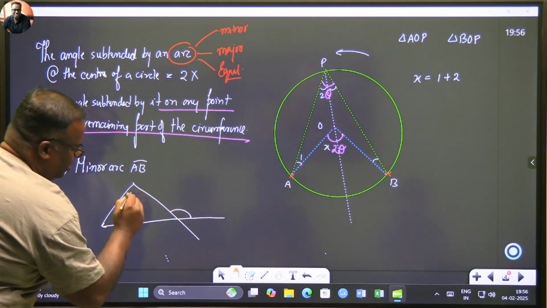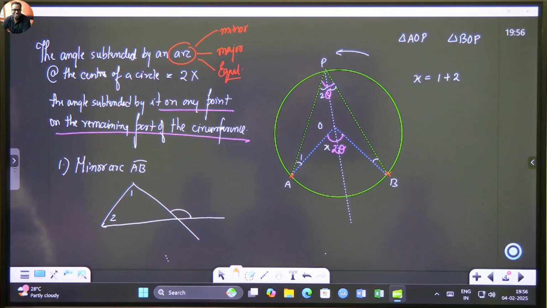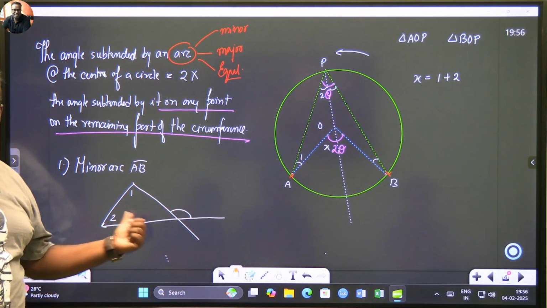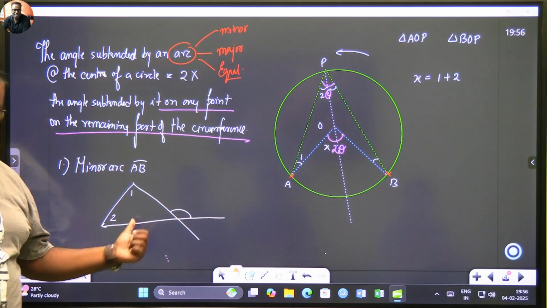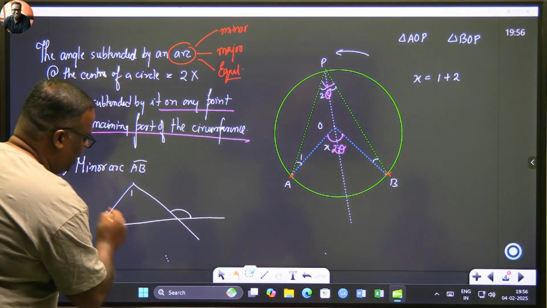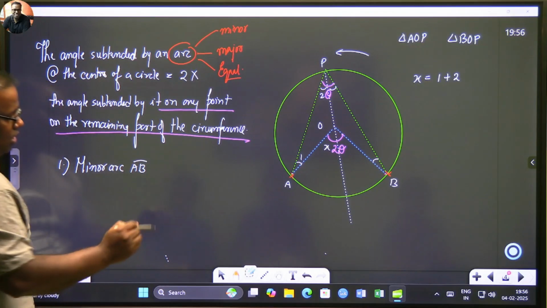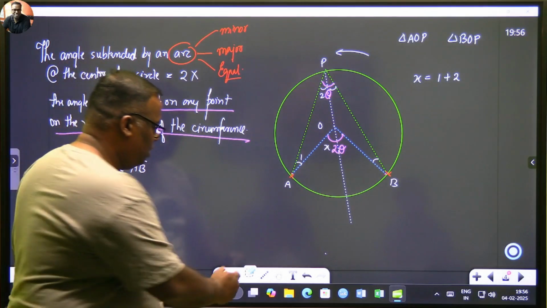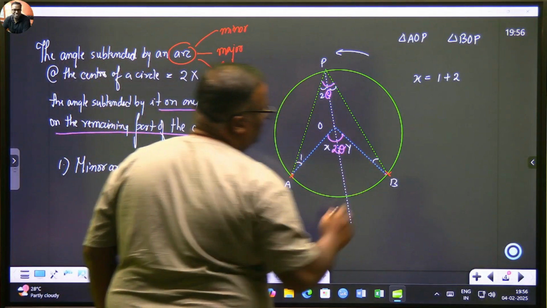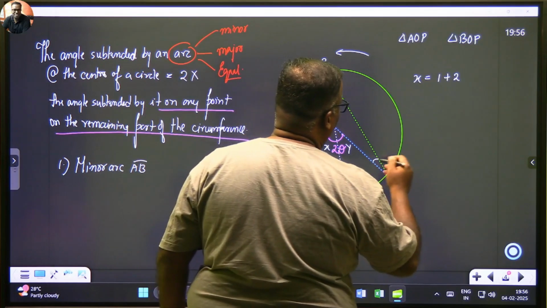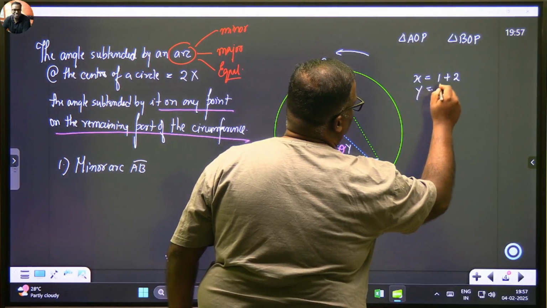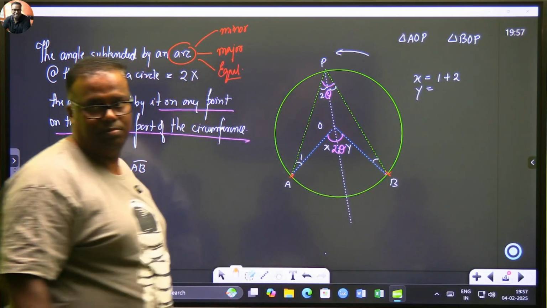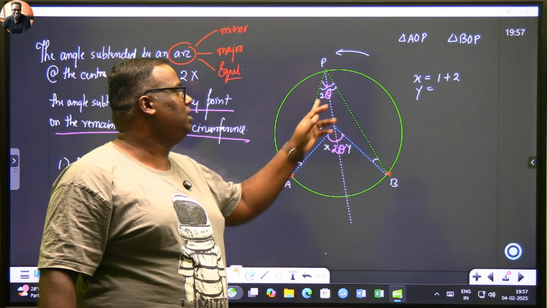Any exterior angle is equal to the sum of the two opposite interior angles. This is a theorem. So X is equal to 1 plus 2. Similarly, if I have a Y out here, nobody will ask you to prove. Then Y should also be equal to 1 plus 2. Right? And 1 is equal to 2.